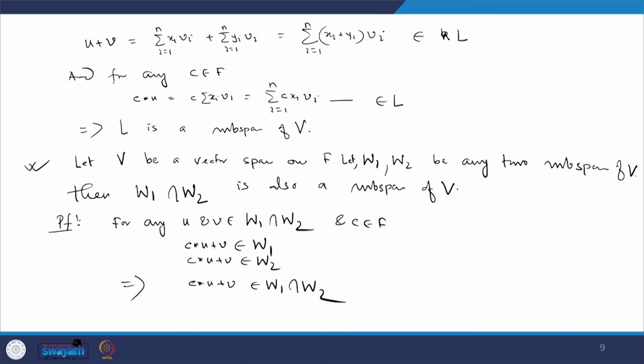Now, what can you say if I ask whether the union of two subspaces will be a subspace? These questions I can answer through geometry. What about the union of two subspaces of a vector space?